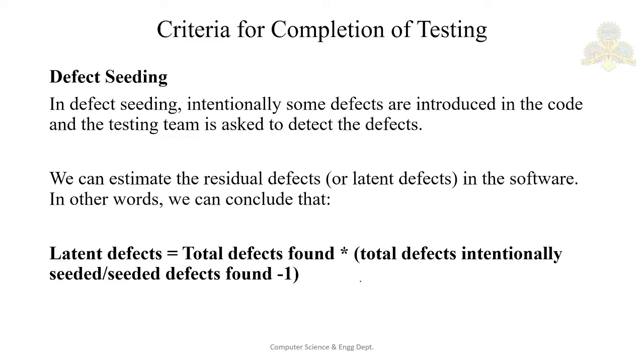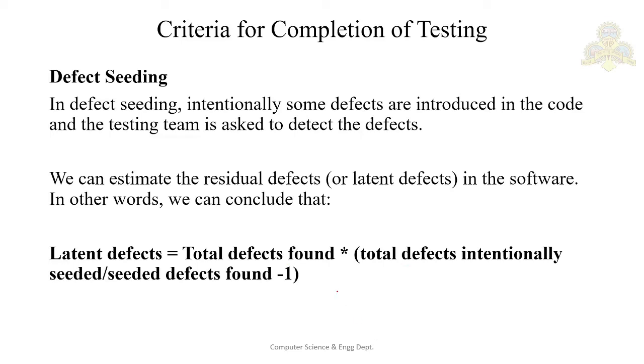Based on this conclusion, we can estimate the residual or latent defects in the software. We have a formula for that: latent defects or residual defects is equal to total defects found times the total defects intentionally added to the code, divided by the seeded defects found, minus 1. I'll give you an example.